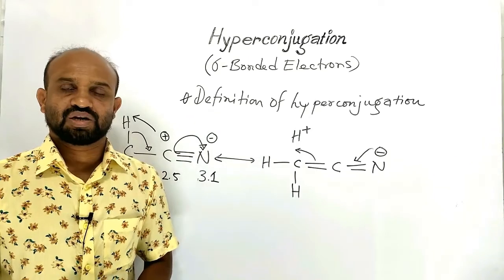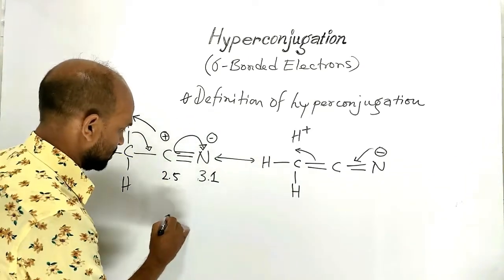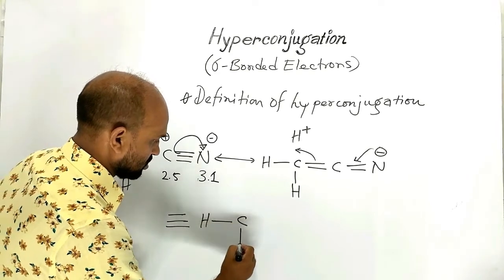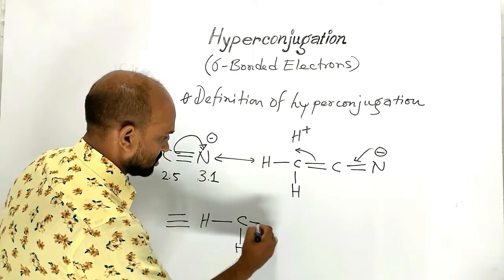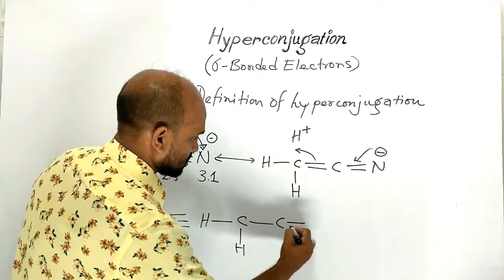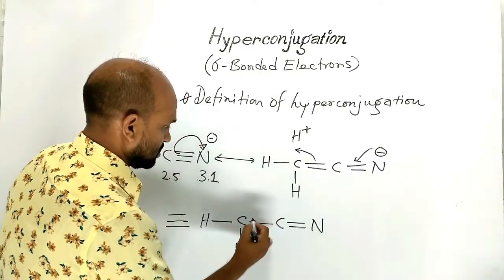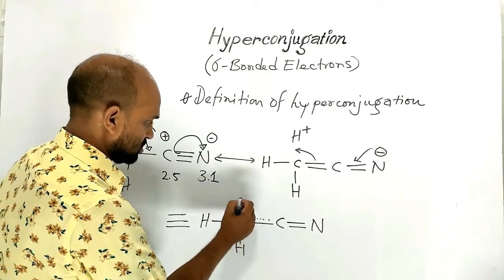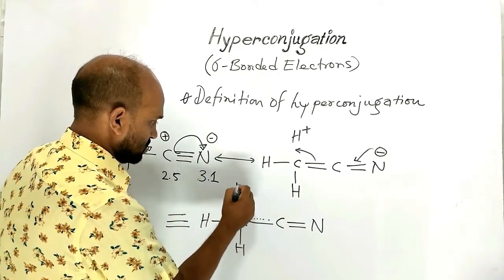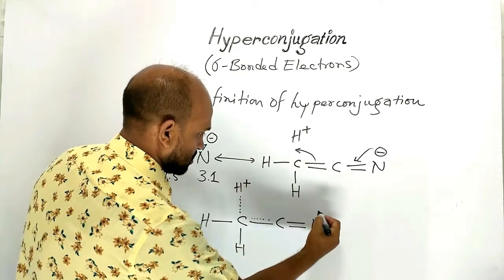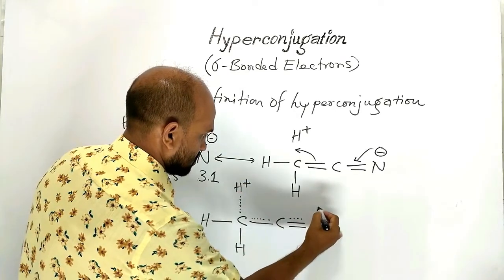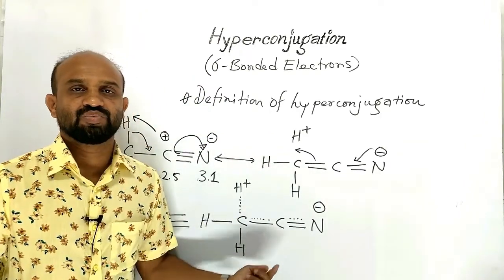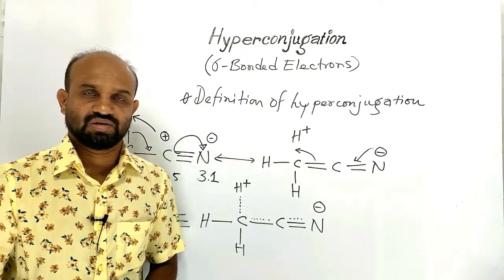The resonance hybrid can be written this way: H, C, H, C, double bond, N, with this one bond. This is the resonance hybrid of acetonitrile.